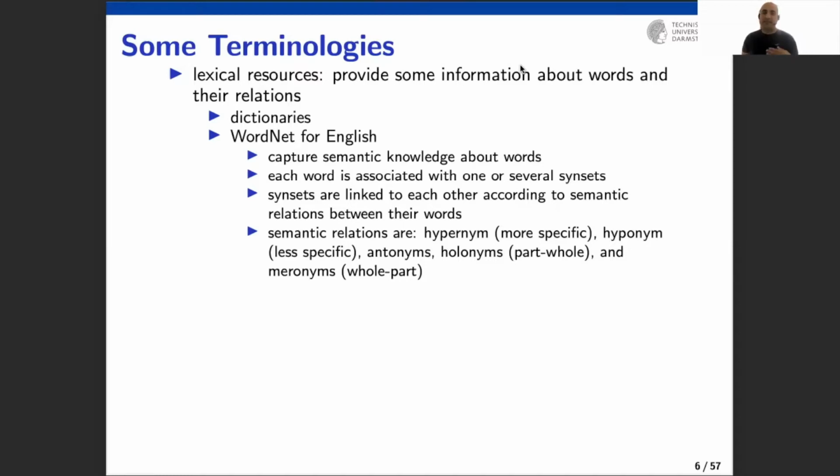Hyponym is less specific. So car is a hyponym of SUV. Antonyms are clear. Holonyms are part-whole. For example, a wheel is a holonym of car, and meronyms are like whole-part relationships, like car, meronym, wheel.